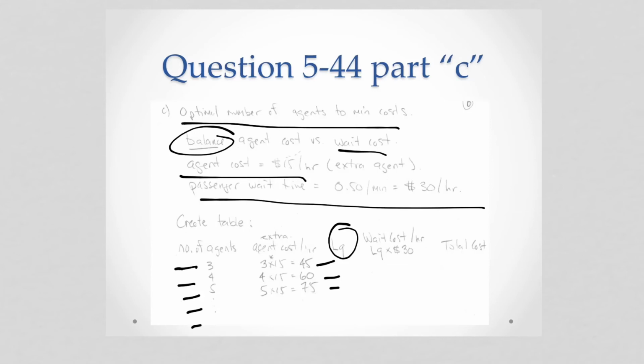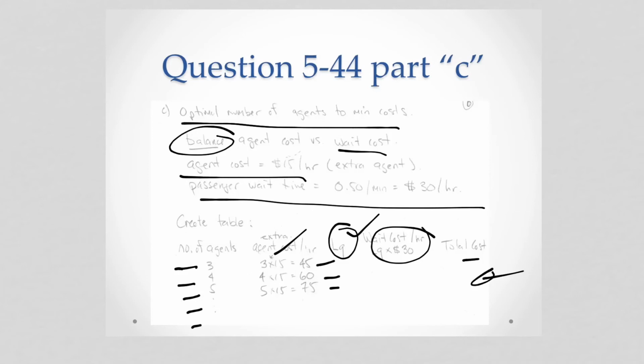We know that LQ is the number of people in line times 30. Then we're going to calculate the total cost of the LQ and the agent cost, and the one that gives us the minimum is the answer. So that's the strategy. It's a little bit different than what we did in class, but if you think about it, it's kind of logical and it uses all of the tools that we learned in the previous problems.